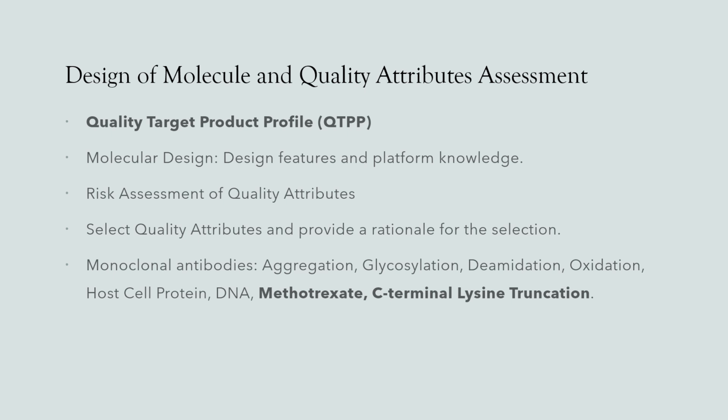So this is the sort of thing that you will have on your quality target product profile, which is derived from your target product profile, but specific to the quality and the design of your monoclonal antibody product, which hold specific information that is relevant for you producing, and for you having the right product knowledge, and from that knowledge being able to characterize and develop an appropriate manufacturing process.